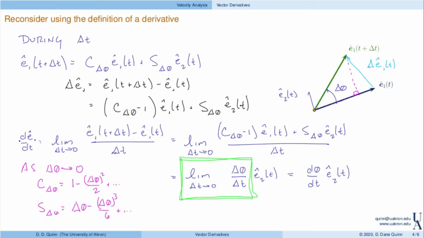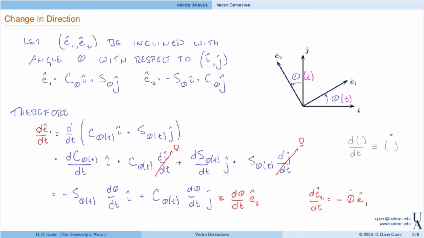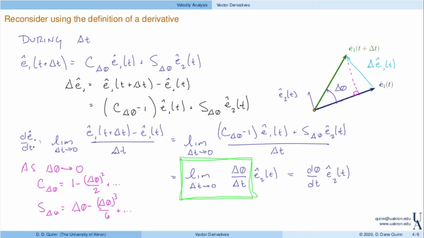So here we've recovered the same thing that we had before. Go back and look at the previous slide. The derivative of E1 with respect to time is equal to d theta dt times E2. Well, there it is again. I kind of like this better because it doesn't rely on me defining i and j, some directions fixed in the ground, doing some stuff with that, and then going back to E1 and E2.